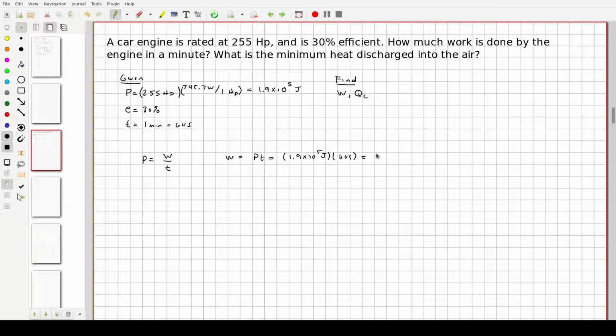So if I take what I got before and multiply it by 60, carried out to the precision of my calculator, I end up with about 1.14 times 10 to the 7th joules. Okay. I see 1 sig fig in the efficiency, 1 in the time. So this would be about 1 times 10 to the 7th joules. All right.